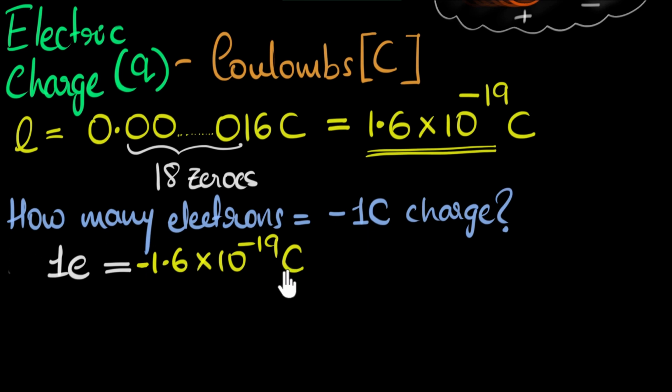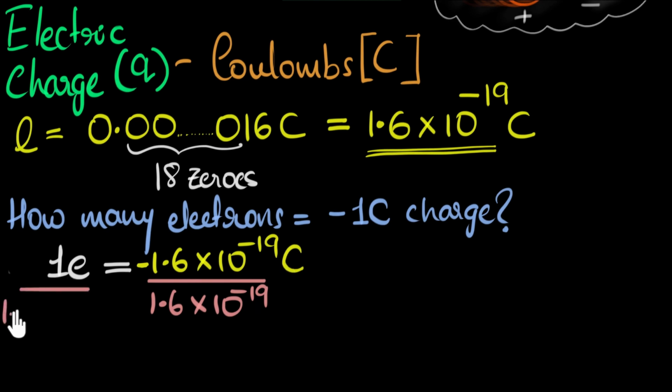So to make this right-hand side 1 Coulomb, I will divide the right-hand side by 1.6 times 10 to the minus 19, so that this will cancel and become negative 1 Coulomb. So I'll have to divide the left-hand side as well by 1.6 times 10 to the power minus 19.